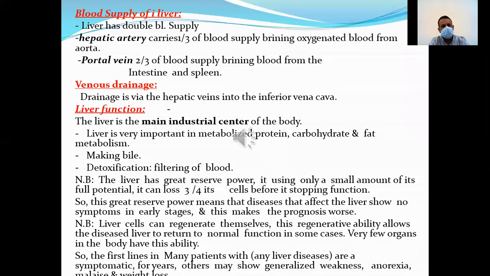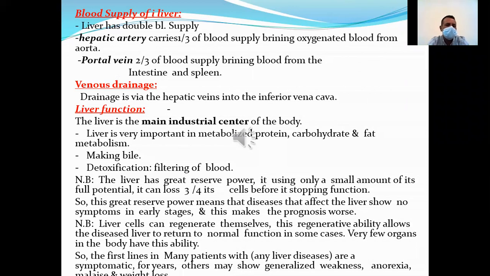The liver has a great reserve power. What does that reserve power mean? It usually uses only a small amount of its full potential, so it can lose about 1/3 of the cells before it stops functioning. The reserve power means that even when about 3/4 of the liver is destroyed, the function is maintained.